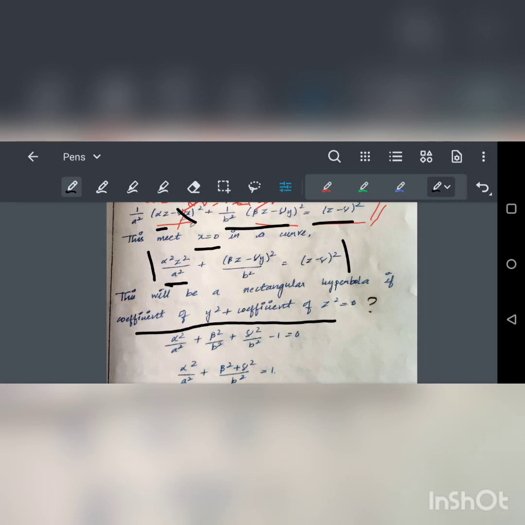Here, alpha square by a square is the coefficient of z square. When you expand these two terms, you will get beta square by b square as the coefficient of z square, and similarly gamma square by b square as the coefficient of y square. On your right hand side, when you expand this, the coefficient of z square is 1.